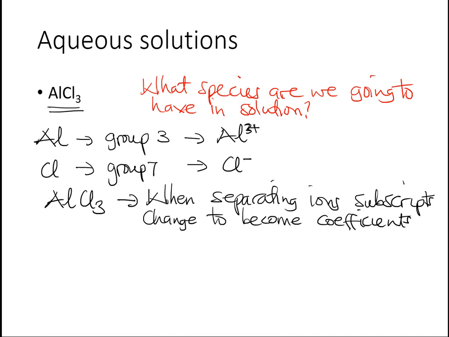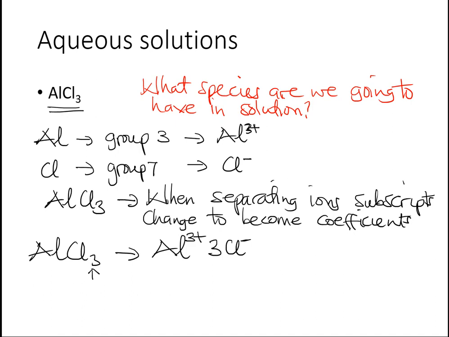For example, if you start with AlCl3, and you want to make ions, the ions we are going to make are Al 3 plus, and then this subscript here changes to 3 Cl minus. So it becomes the coefficient.